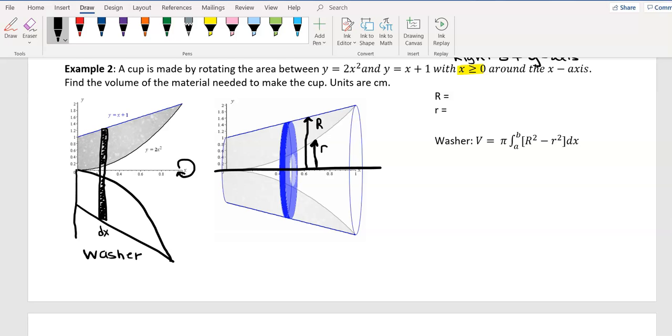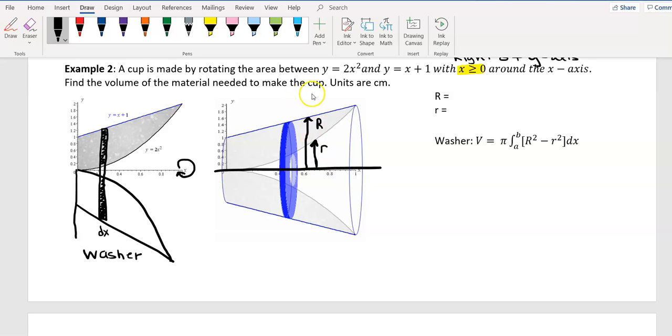So we would label them as the large uppercase R for our outer radius and the lowercase r for the inner radius. Okay, so outer radius is upper and lowercase is the inner.